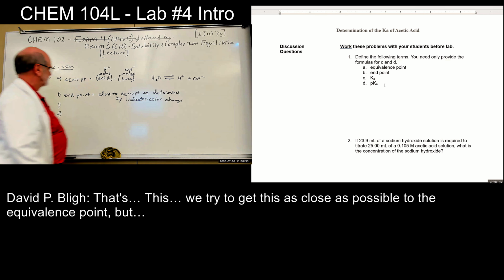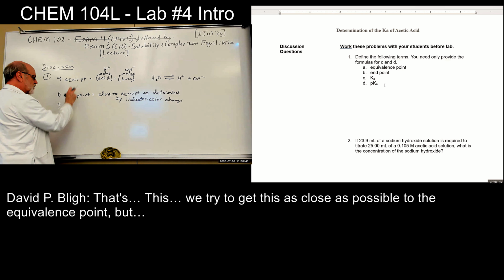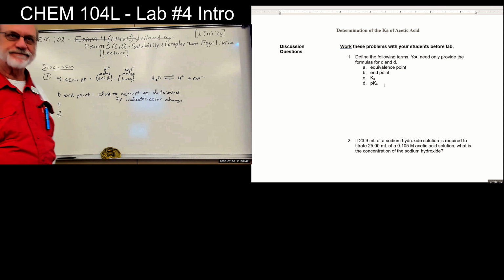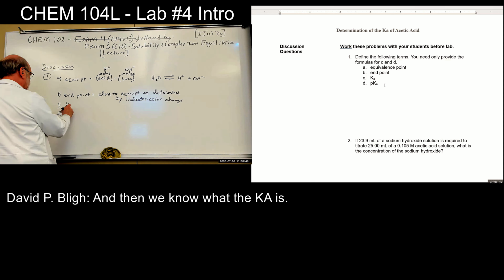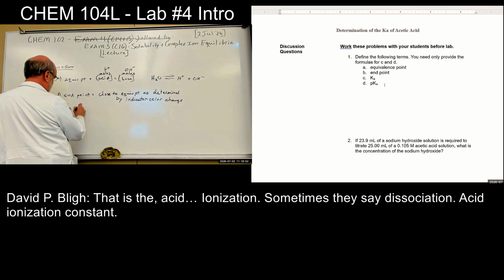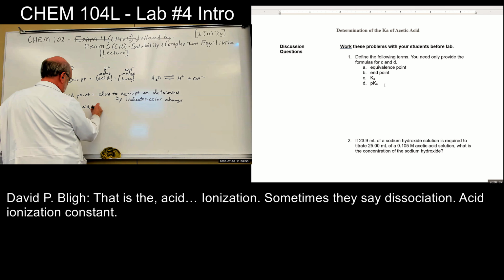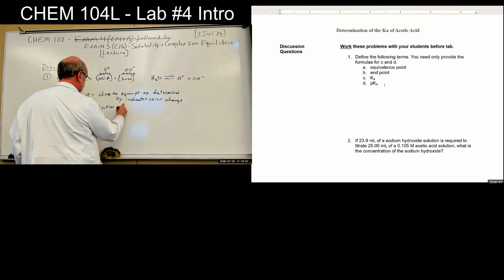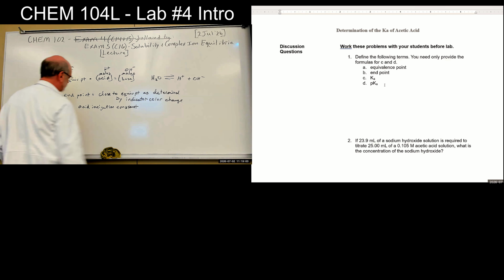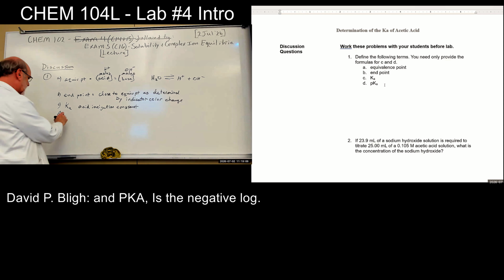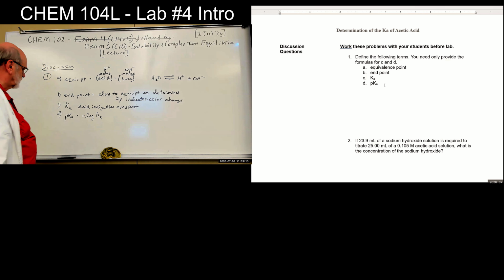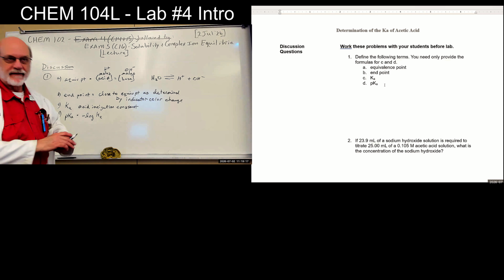We try to get this as close as possible to the equivalence point, but it's usually not possible. And then we know what the Ka is. That is the acid ionization constant. Sometimes they say dissociation. And pKa is the negative log of the Ka.